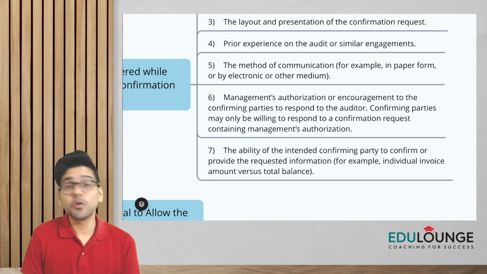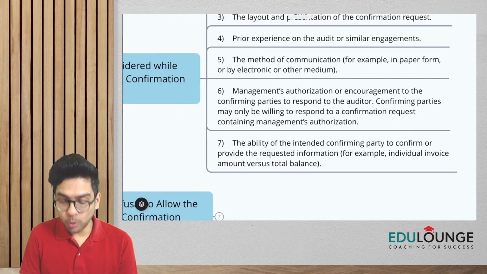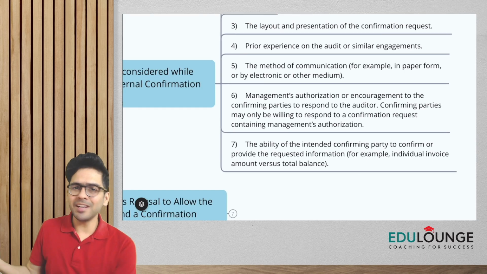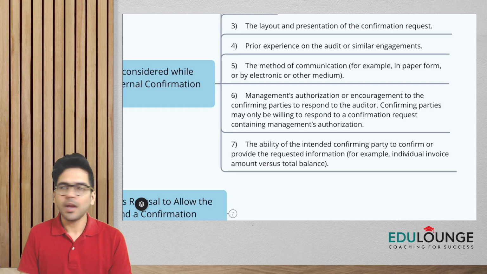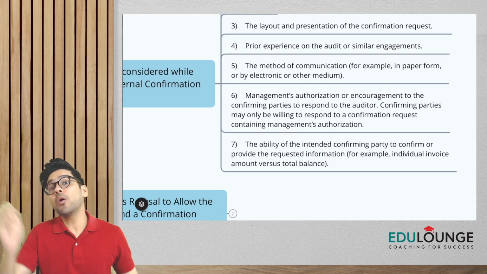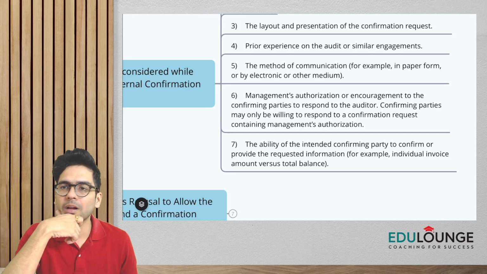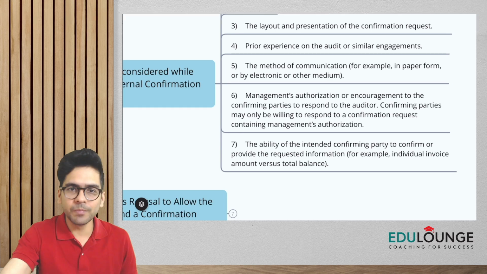And guys, we also have to see the ability of the intended confirming party to confirm or provide the requested information. Now, I know this debtor is a very small debtor, a very small shop owner, let's say, and he doesn't even have computers. I know he maintains his accounts manually, and now I'm asking him very specific data on this point of time. What was the account balance? Let us know. Just a hypothetical example. So he won't be able to reply, right?